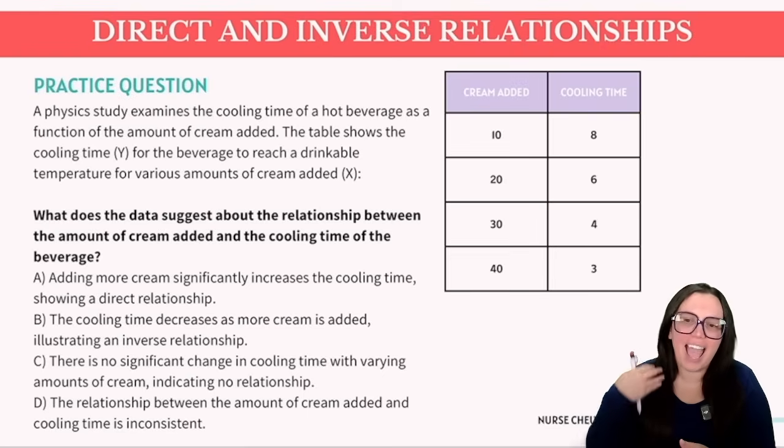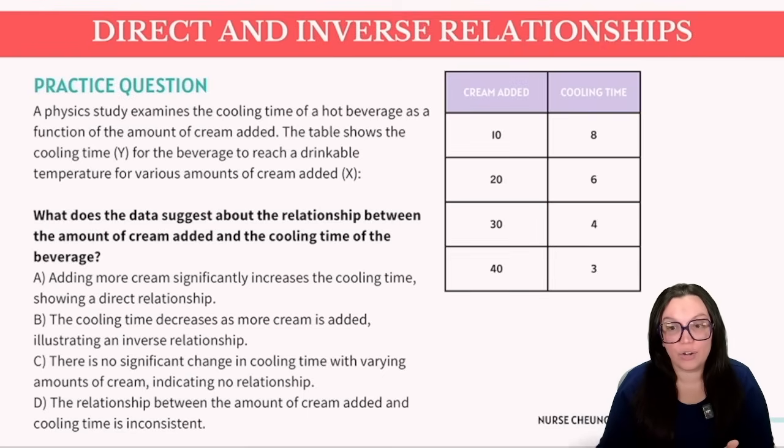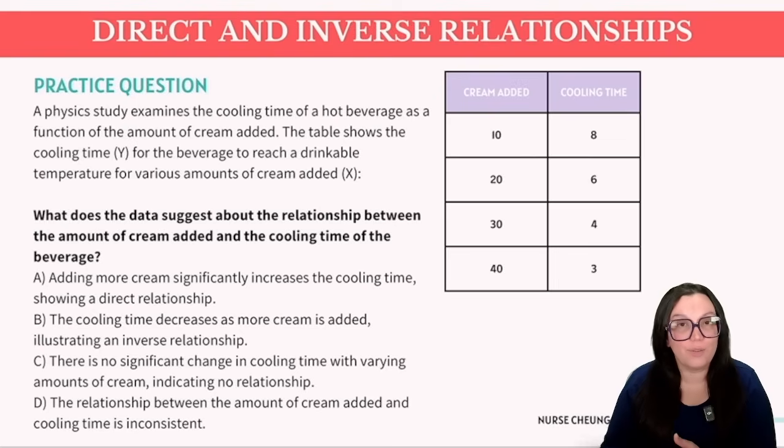Is it A, adding more cream significantly increases the cooling time, showing a direct relationship? Is it B, the cooling time decreases as more cream is added, illustrating an inverse relationship? Is it C, there's no significant change in cooling time with varying amounts of cream, indicating no relationship? Or is it D, the relationship between the amount of cream added and the cooling time is inconsistent?